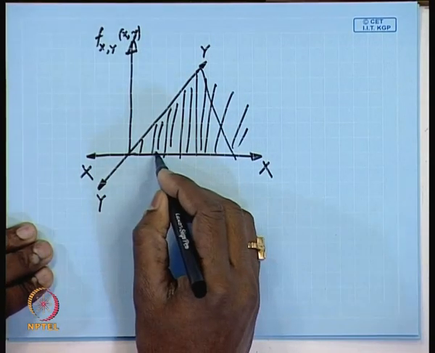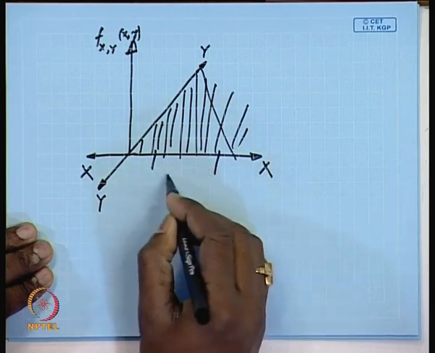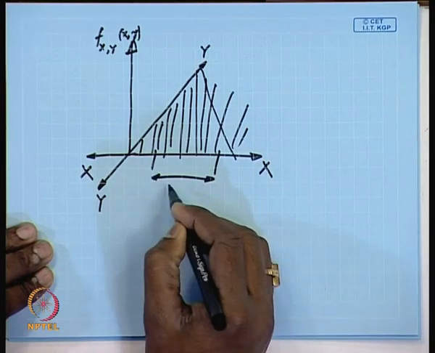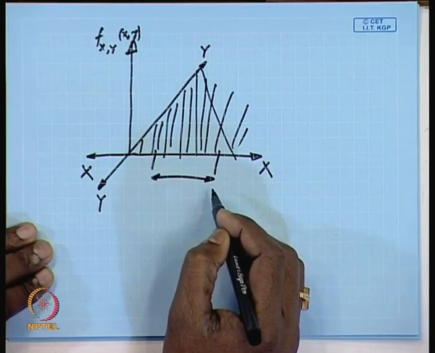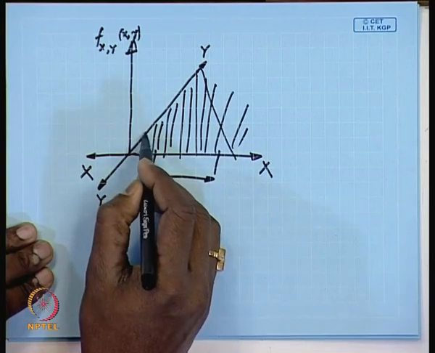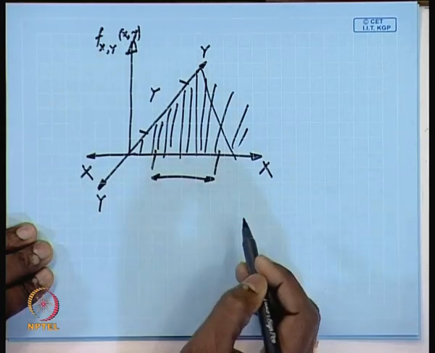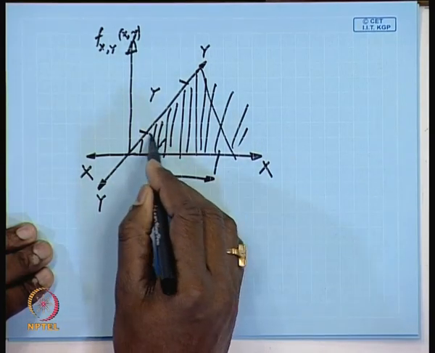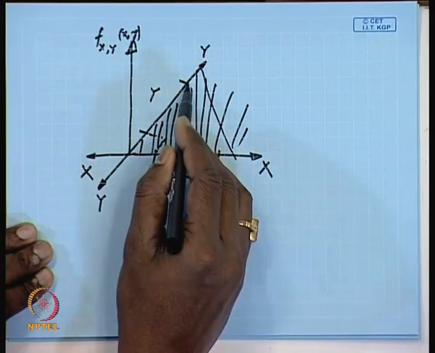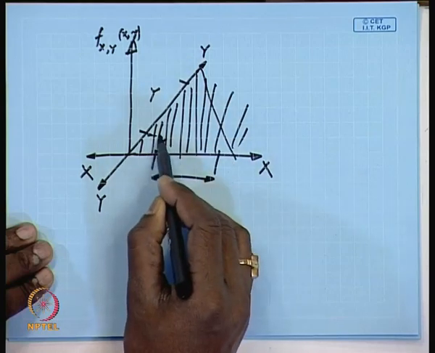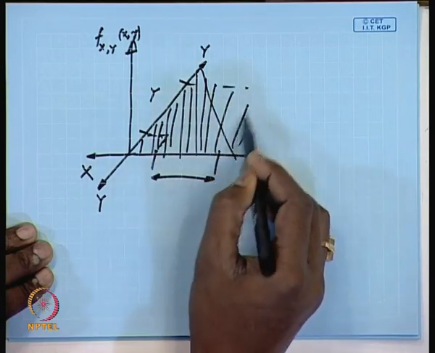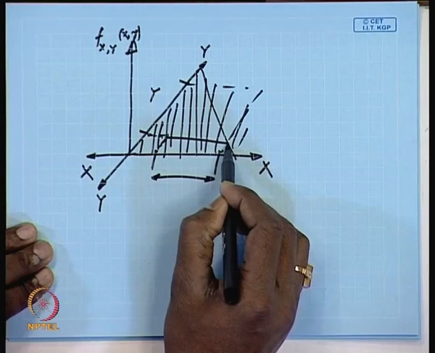Suppose the possible range of x is from here to here, which is called the support of the random variable, and say this is the range, or support, of y. Then this joint distribution is defined over this area.